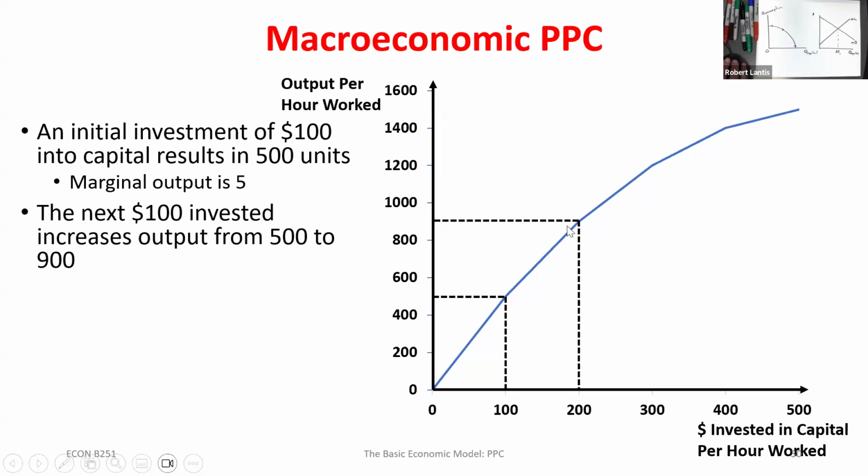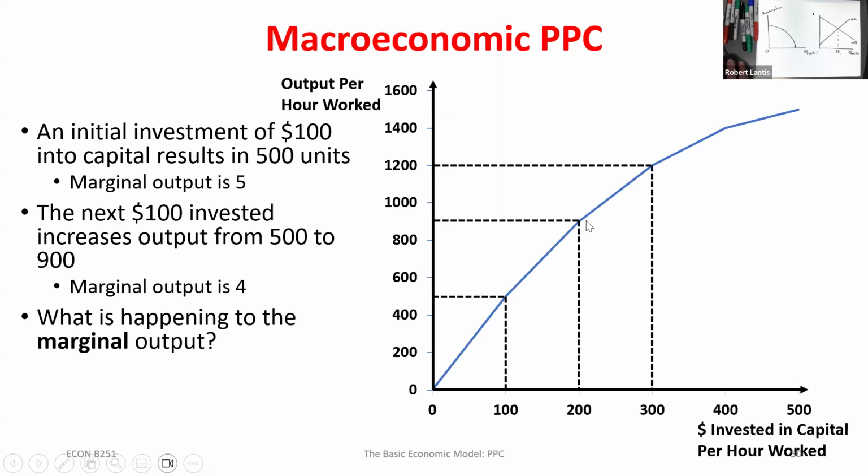It's only going up by 400. So 400 over 100 to get that slope. Now my marginal output is only 4. And if I keep on going, now it's going from 900 to 1200. 300 is the change in Y over 100 change in X. I'm getting a marginal output of 3.